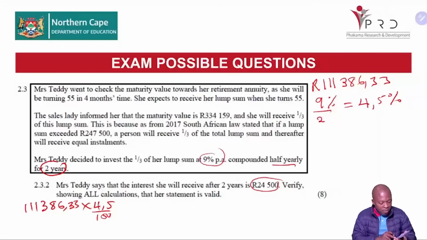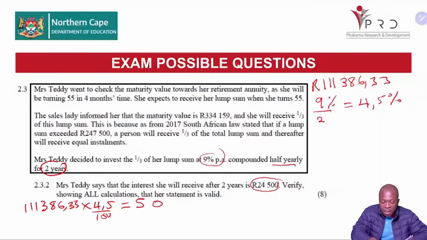We're going to times it by 4.5 over 100. It means the interest we are going to get is going to be, for the first half year, 5,012 rand 39 cents.